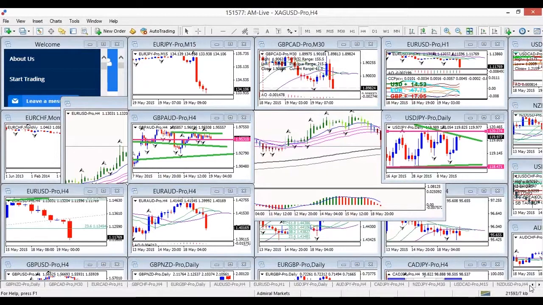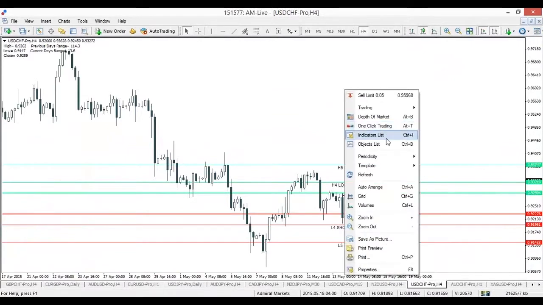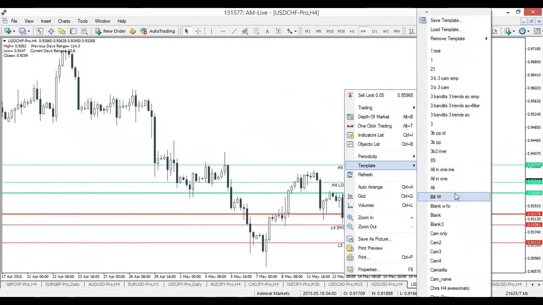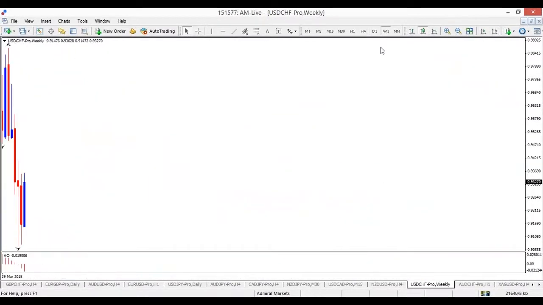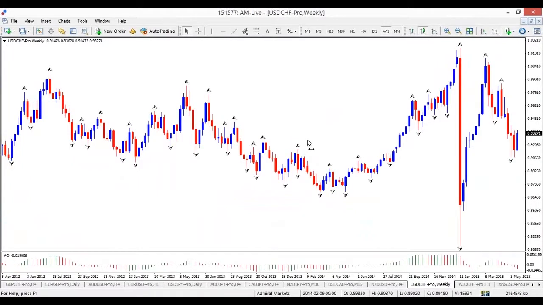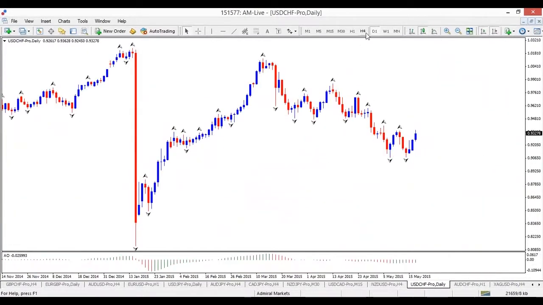Oh, and then the last but not least, dollar Swissy. Also, just like the euro dollar, breaking kind of to the H5 here, so it's a bit the same story. Just challenging the weekly high already.